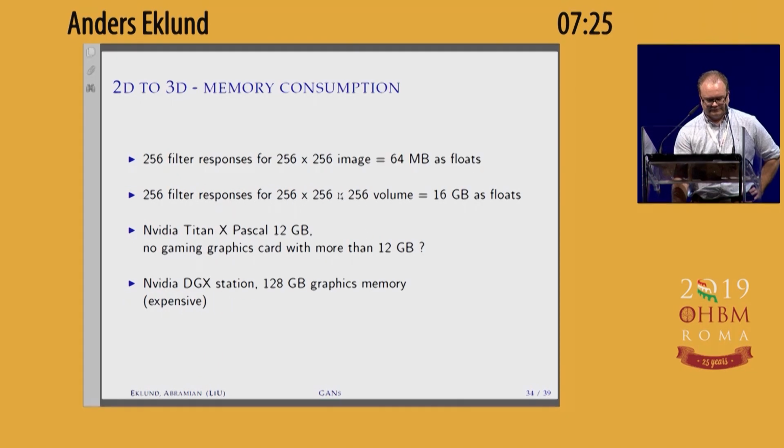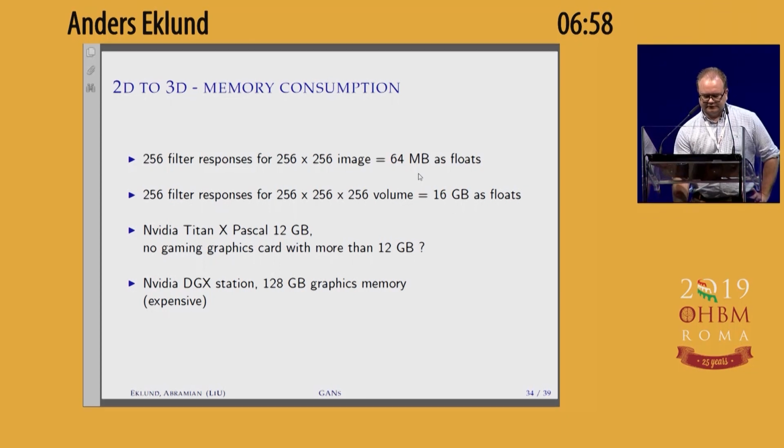But if we think of what one convolutional layer looks like, it's pretty common to have something like 256 filters, and then you need to store all the filter responses somewhere. So for one image, that's like 64 megabytes, so it fits on the GPU. But if you have a volume, then it's suddenly 16 gigs.